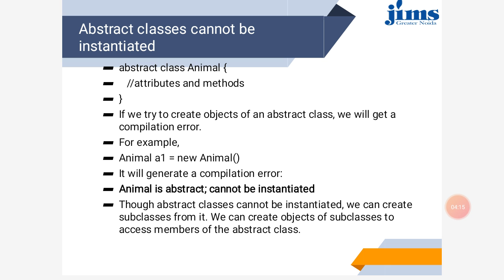But this will give a compilation error, and we will not be able to create any object. But to use the methods of an abstract class, we just inherit this class in its subclass, and then we can use its attributes as well as methods.